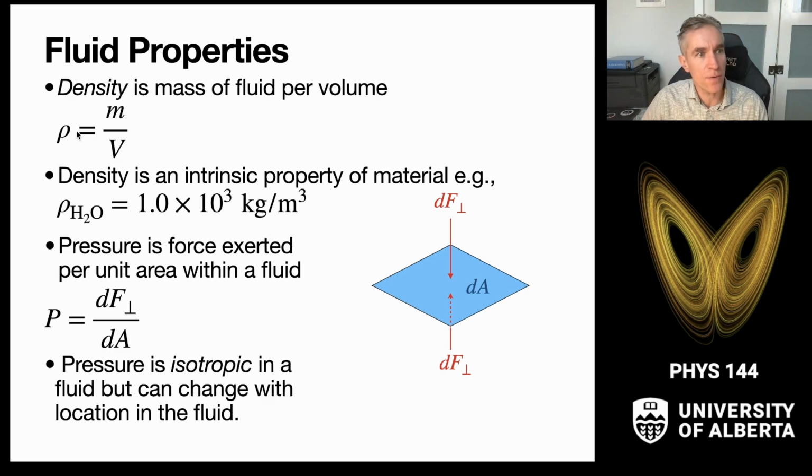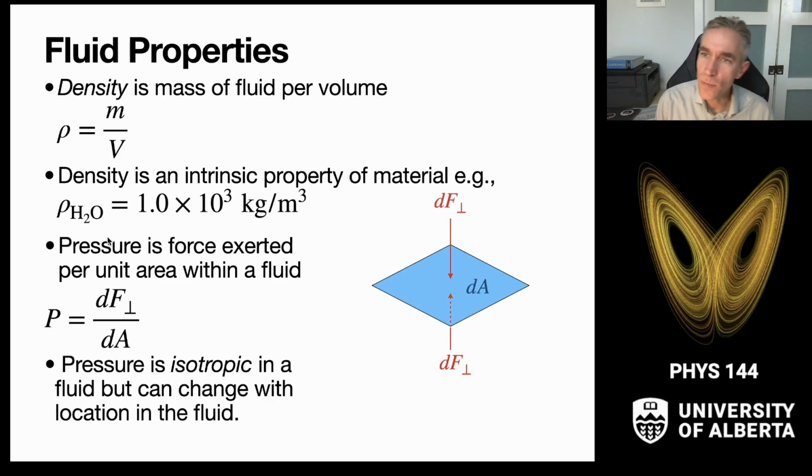So we give it the Greek letter rho, and it is mass over volume, and I'll use capital V for my volumes here. Density is an intrinsic property of a material, so you probably have somewhere in the back of your brain that the density of water is 1,000 kilograms per cubic meter. This changes with the temperature and the different substances that you're looking at, but density is an intrinsic property of the fluid.